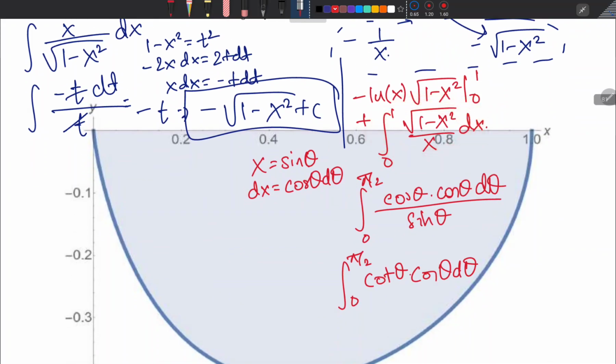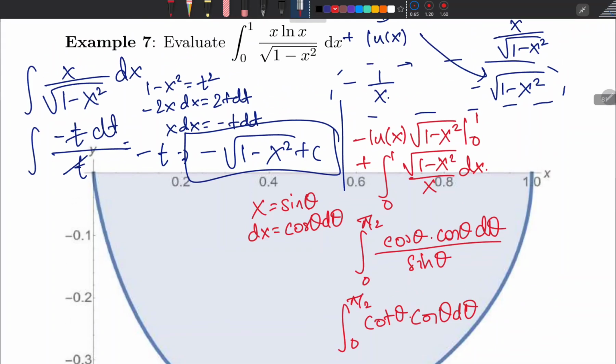Wait a second. Though we can do that, but I think we got to use another method, or we can use some trigonometric identities.